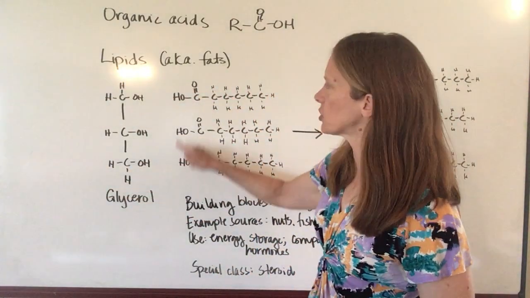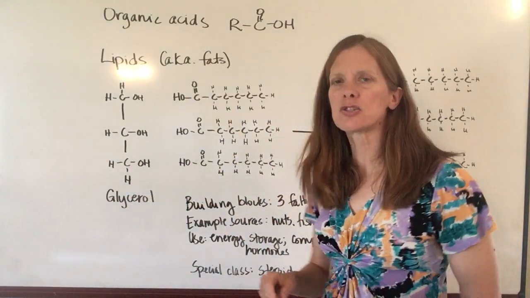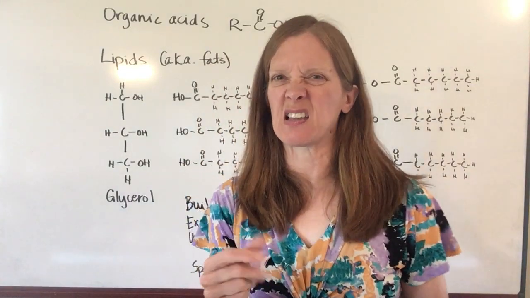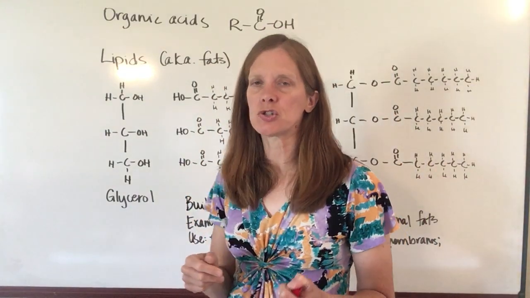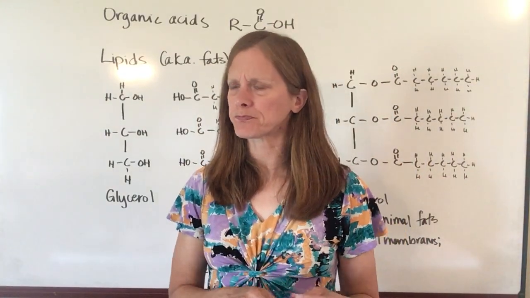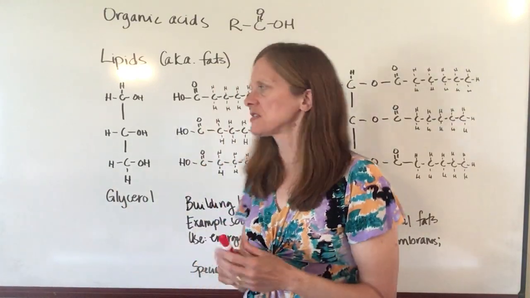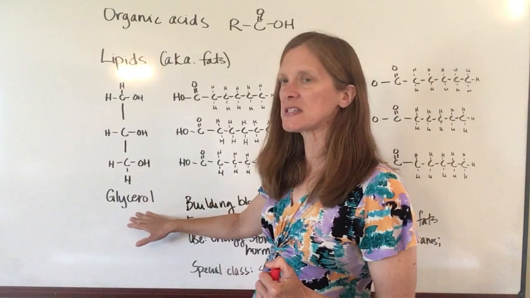This over here is called glycerol. Glycerol is a liquid at room temperature, and it's really slick and kind of slimy. We use it to lubricate glass tubes, if I had to take a glass tube and put it through a hole in a stopper. So it's very slick and very slimy.